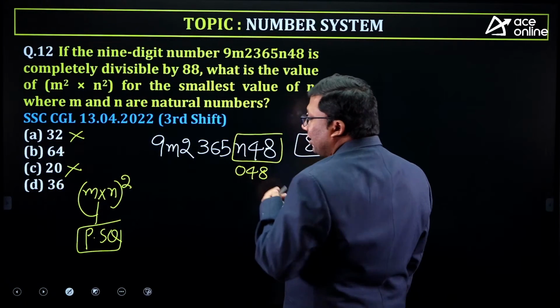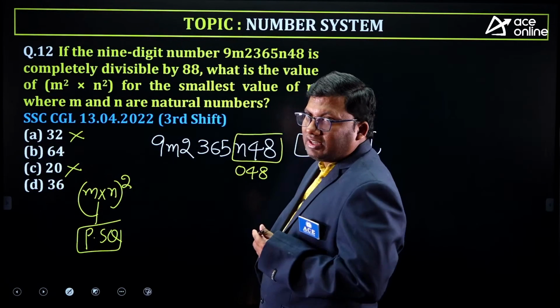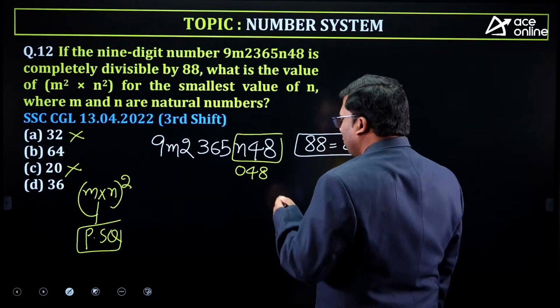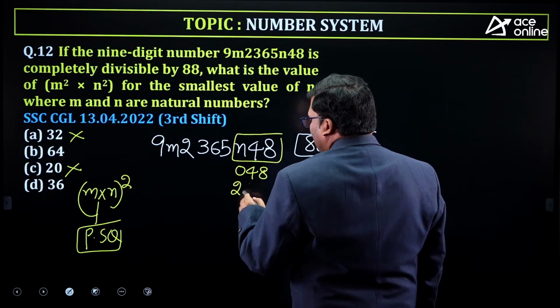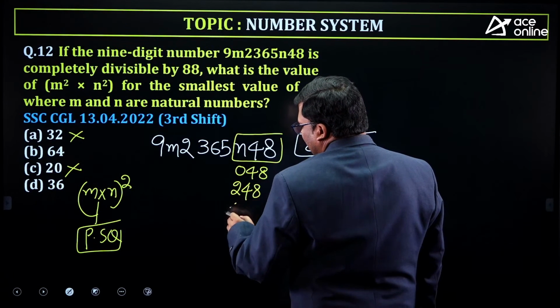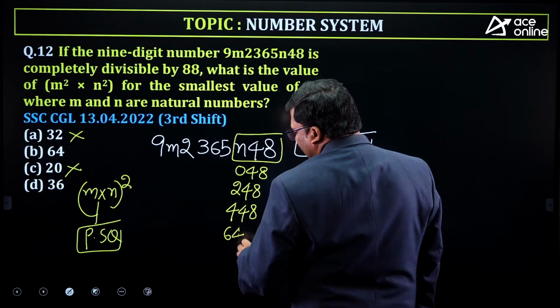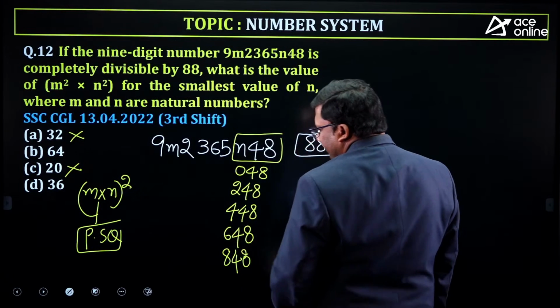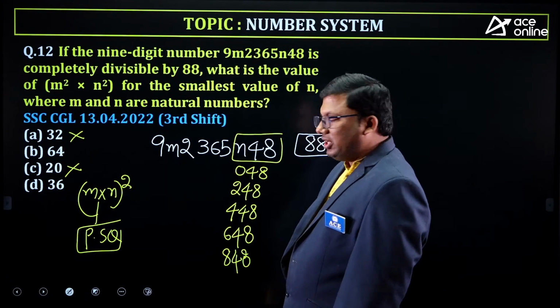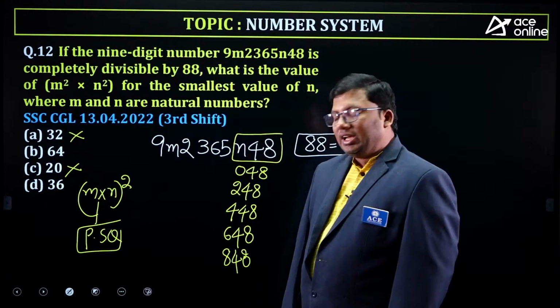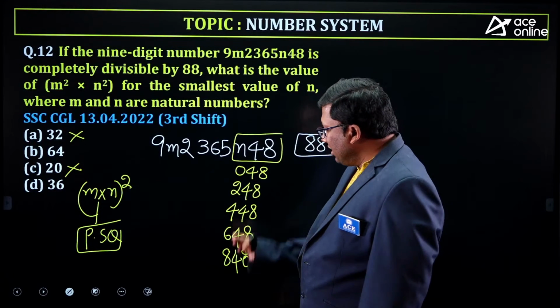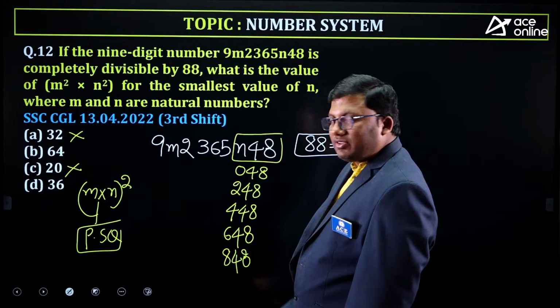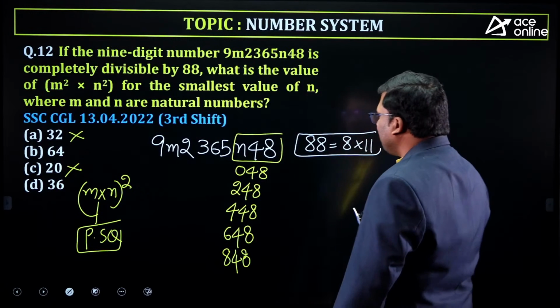If I keep 148, 8 1s are 8, 68, no. So n it is 248, n it is 448, it is 648, next it is 848. n0, n2, n4, n6 and n8. So n can be any of these values and it is divisible by 8.